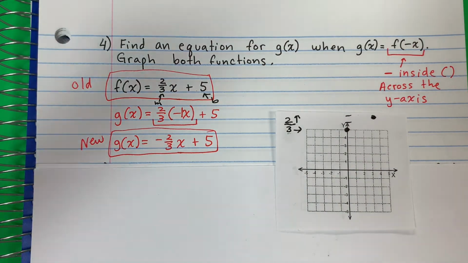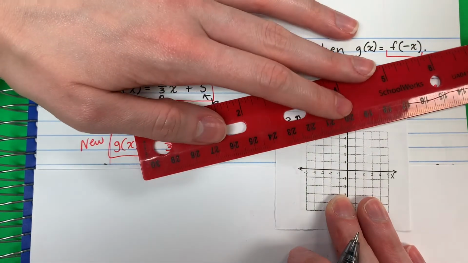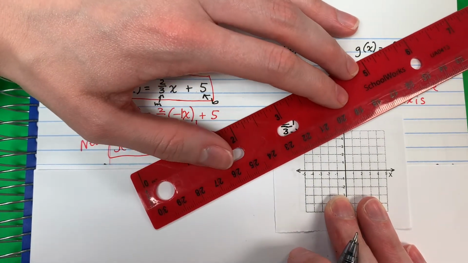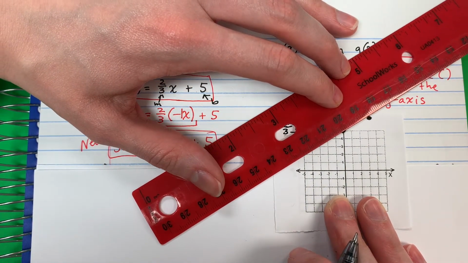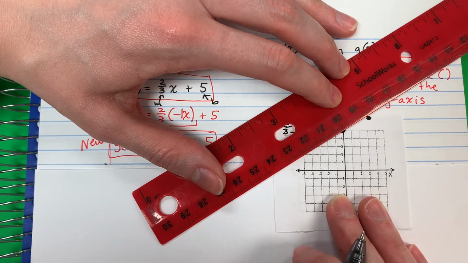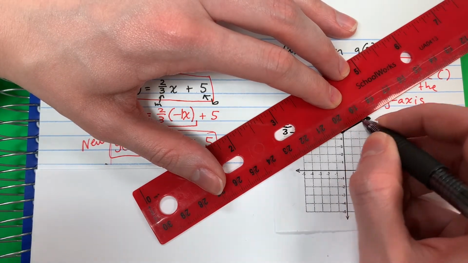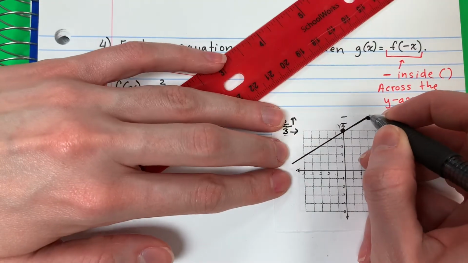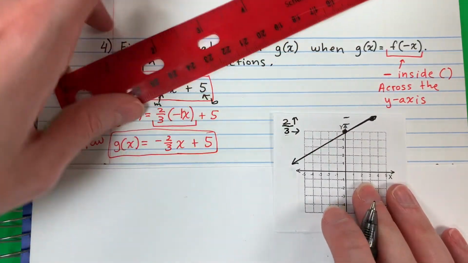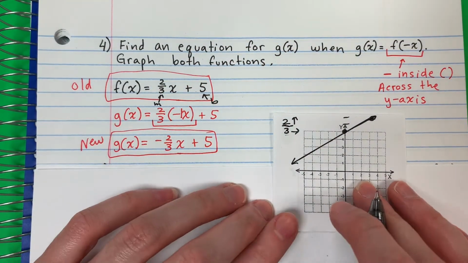So go ahead and do your line. It's the same like the last one. It's the same equation. This is f of x.